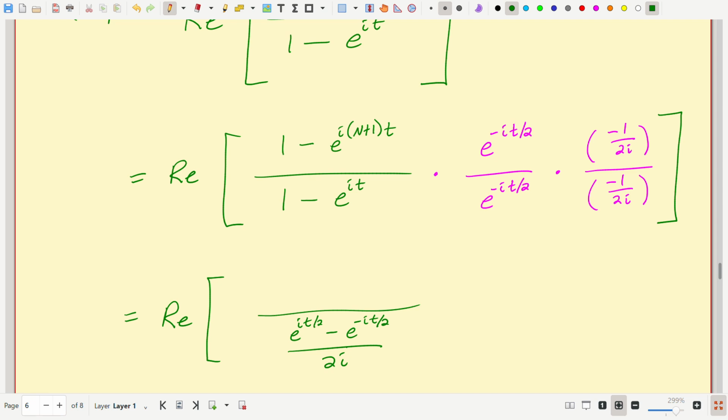And on the top, I'm going to collect all the junk and skip the details. When I multiply those out and use properties of the complex exponential and use the fact that 1 over i is minus i, I get i over 2 times e to the minus it over 2 minus i over 2 times e to the i(n plus a half)t.